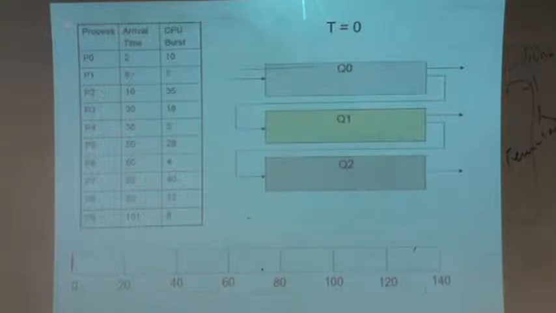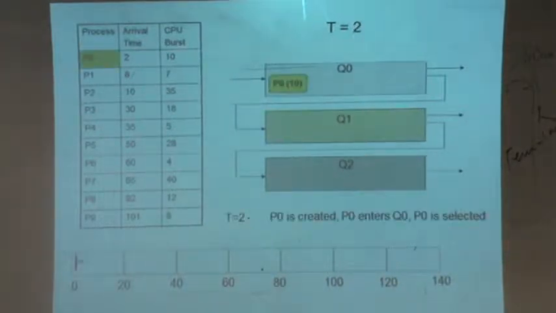So we have the process state, 10 processes, with different arrival times and CPU burst times shown here. At time 0, nothing, okay? And at time 2, P0 is alive. It should enter the first queue, Q0, okay? So what is the priority along the queues?